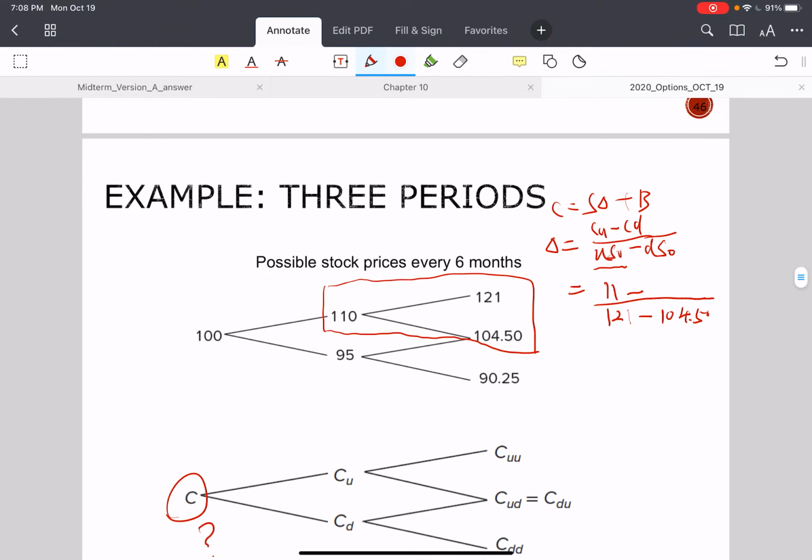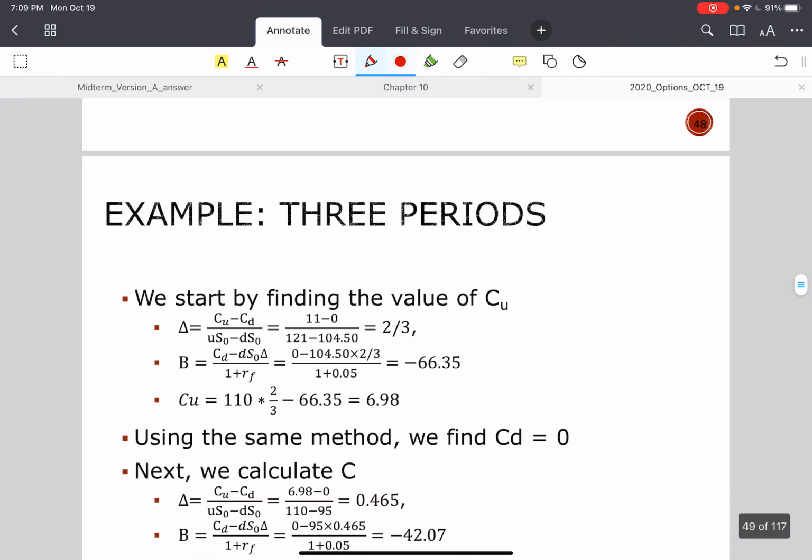What is CD? CD is the call option's payoff if the stock price drops. And we know that if the stock price is 104.5, then the option holder will not exercise this call option. So the payoff is just 0. Right? So this gives us the value of delta, which is 2/3.